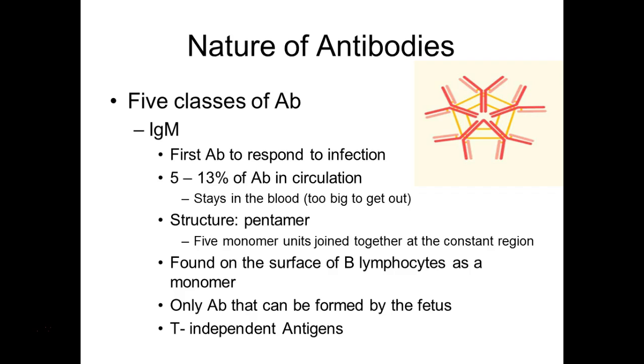So even when you're a fetus, you're making antibodies. It makes up about 5 to 13% of the antibodies in circulation, right? But it stays in your blood, right? It's too big to get out. Its structure is that pentamer we see, right? 5 monomers hooked together, lots of antigen binding ability. But on the surface of the B cell, it is in its monomer form.